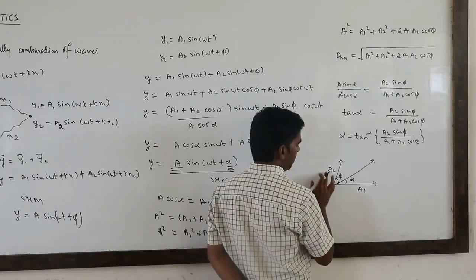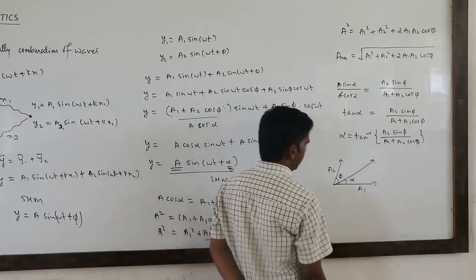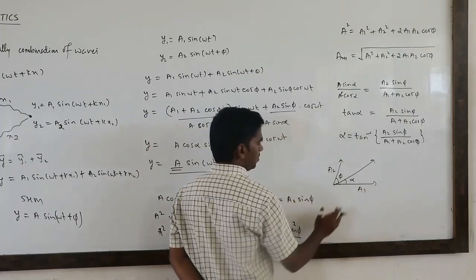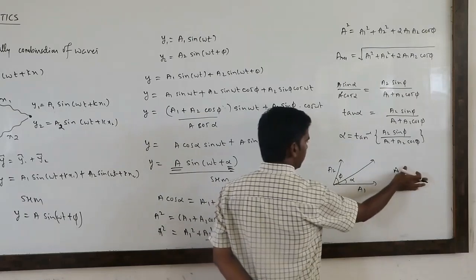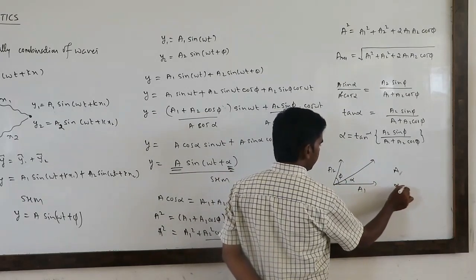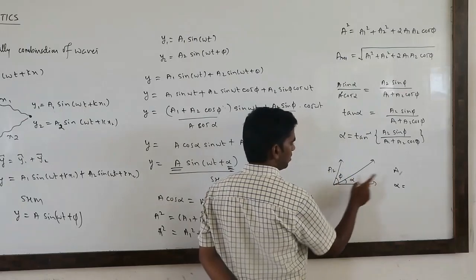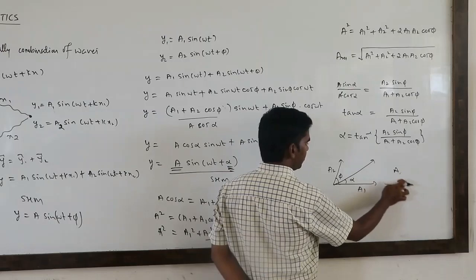With the help of vector addition, using the triangle or parallelogram method, you can get the resultant A. Similarly, alpha also you can find from here, using sine or cos, so you can easily find the resultant amplitude and alpha.